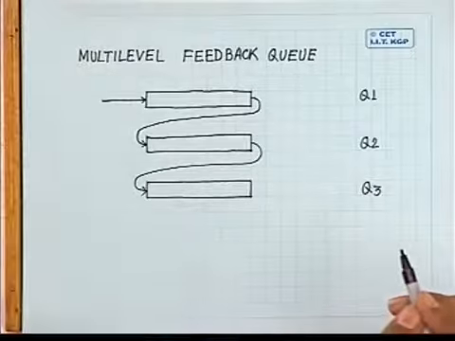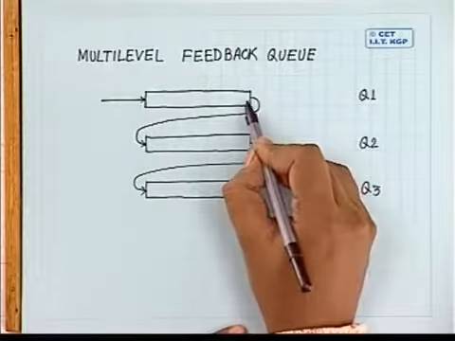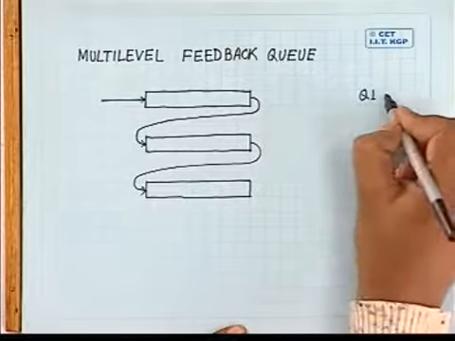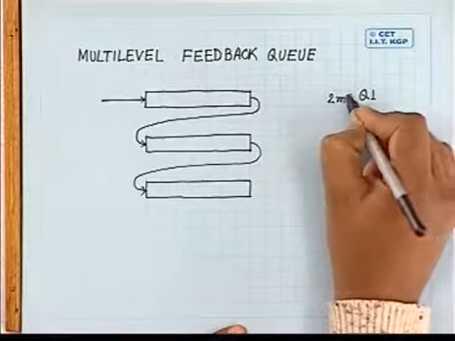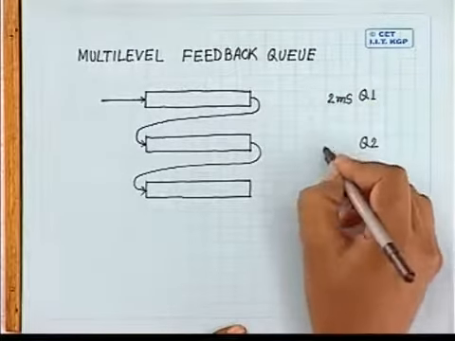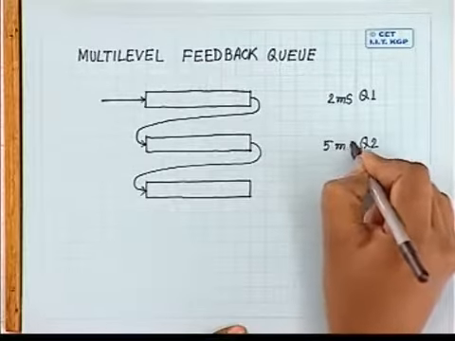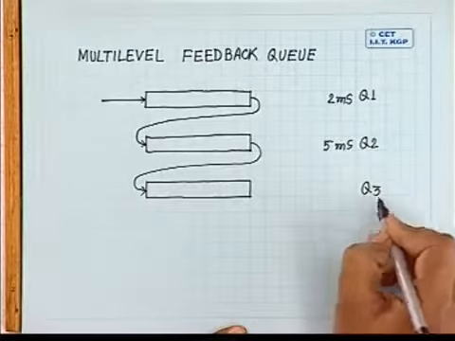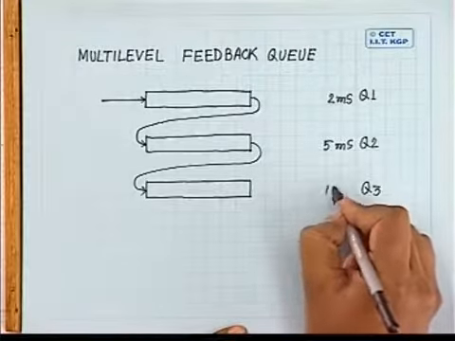As before, I will set time quanta for Q number 1 to be 2 milliseconds. Time quanta for Q number 2 may be 5 milliseconds. Time quanta for Q number 3 is more than that. I can make it say 10 milliseconds.